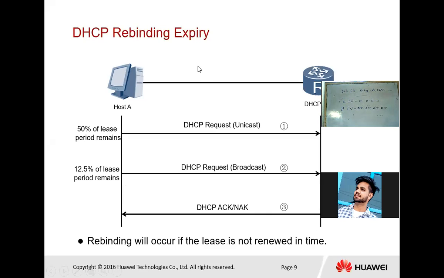Then is rebinding expiry. If the DHCP server does not reply, host A waits for another half time and then again sends a DHCP request to the broadcast, because in the previous case it was unicast. Then host A will get a positive or negative acknowledgement.